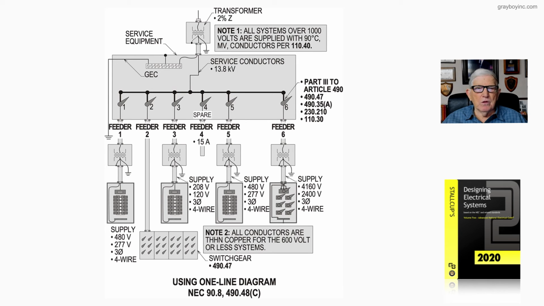You'd say, I want to work on the transformer with that feeder number 1. Then just disconnect there at number 1, lock and tag it out in accordance with the code. And if that happens to be your disconnect, then that's fine. You've isolated.